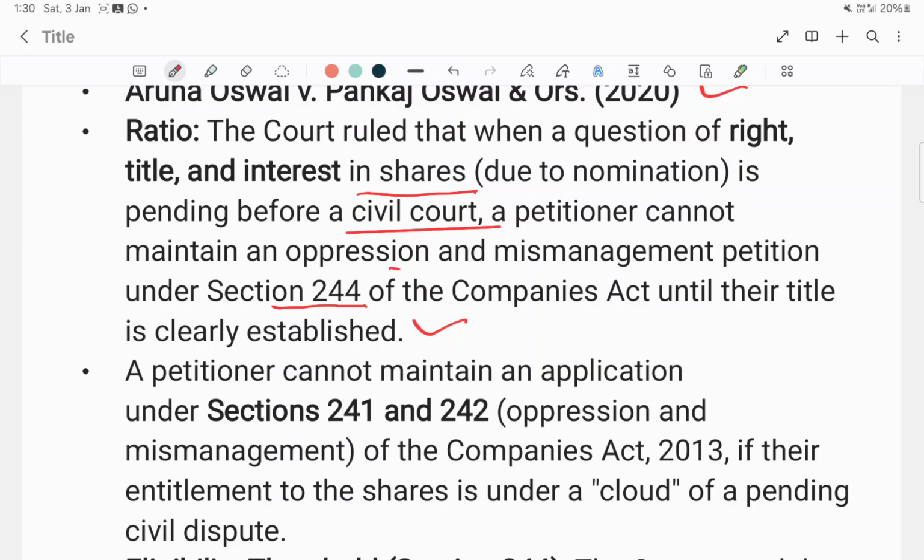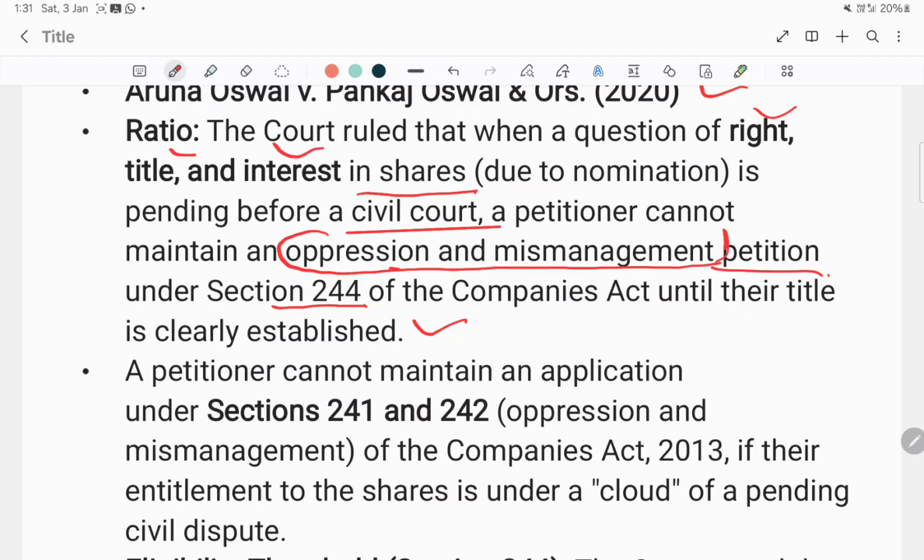That civil court had not decided her right, title, and interest. Now she wanted the court to interfere in the company's management, claiming oppression and mismanagement, and that petition was made even though her right, title, and interest were not decided yet.